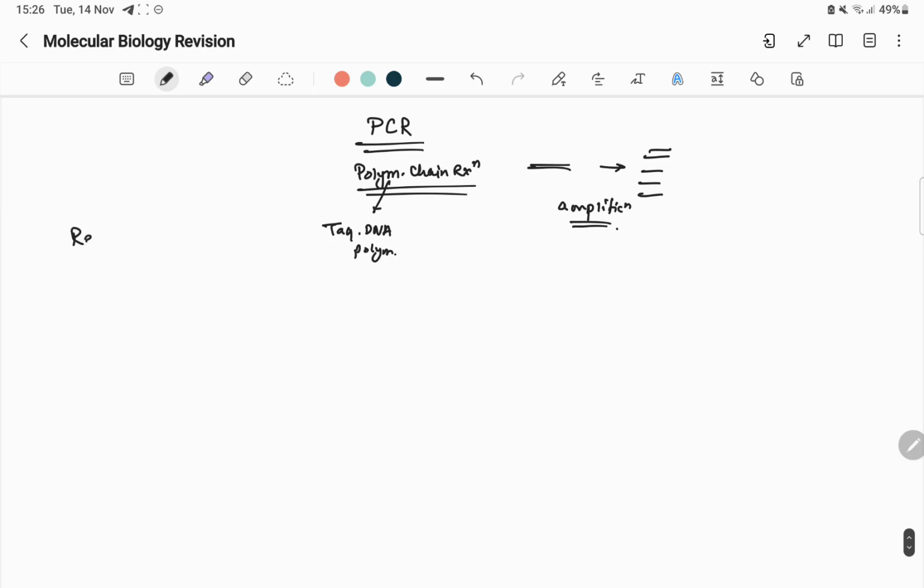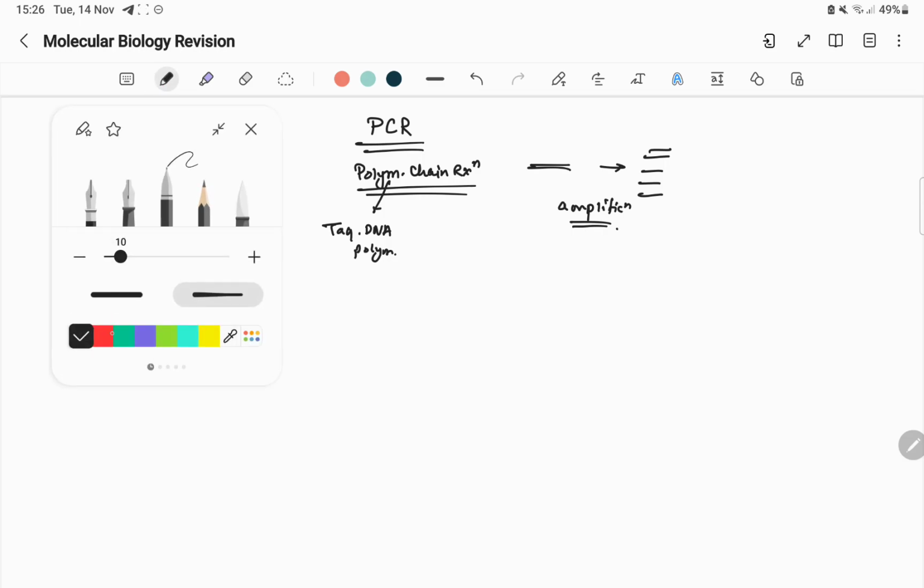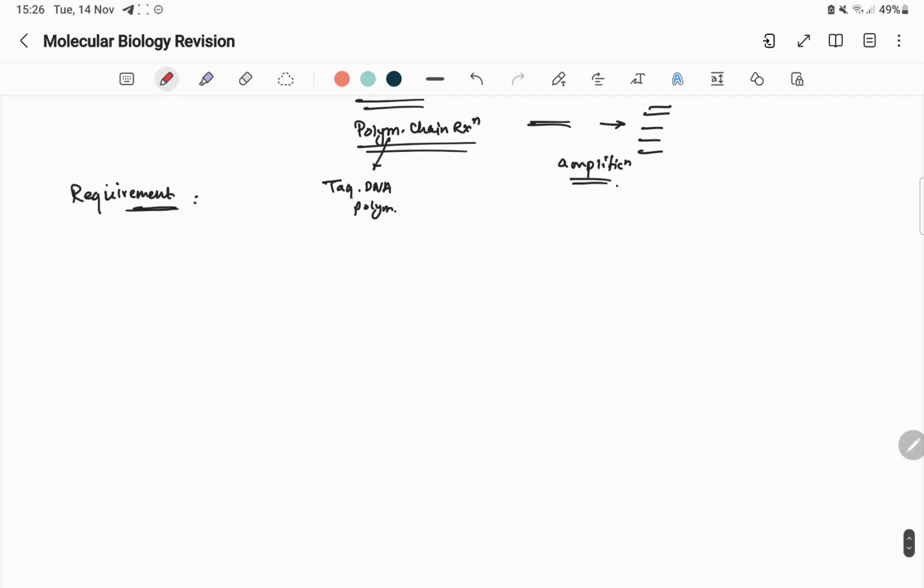What are the requirements of PCR? You need a PCR cycler, or thermocycler, which is the machine. Then you need template DNA.